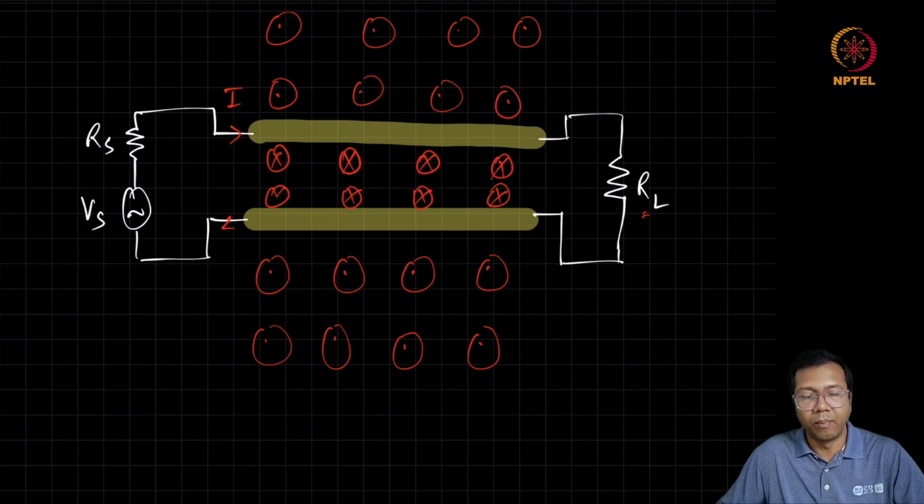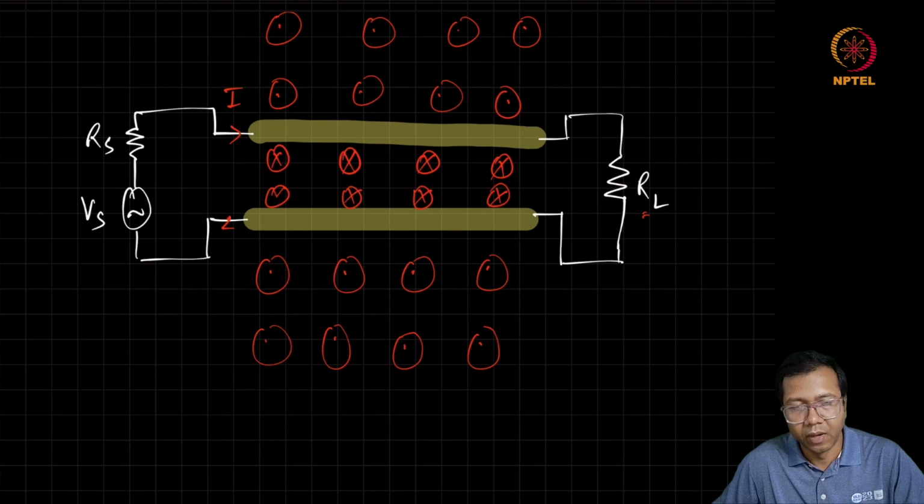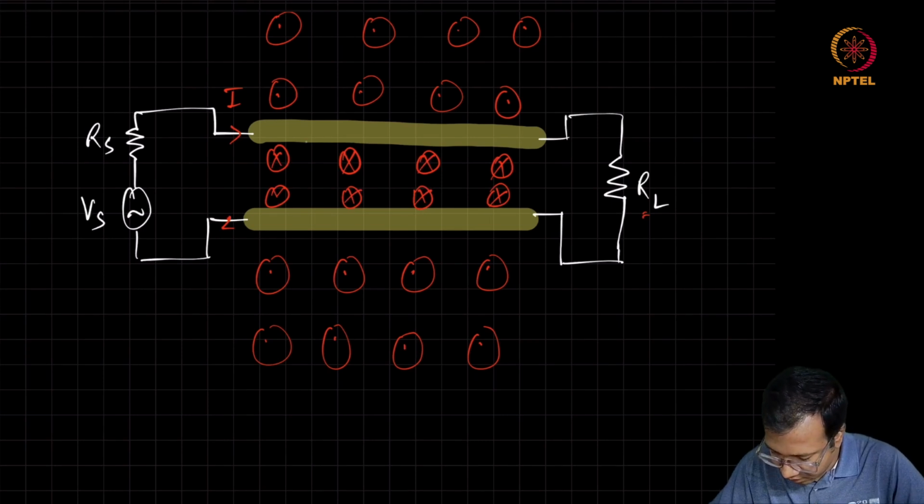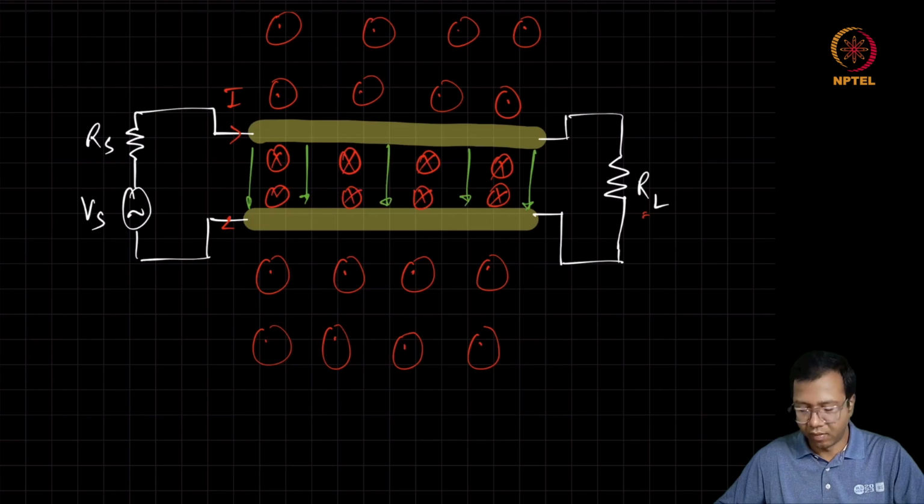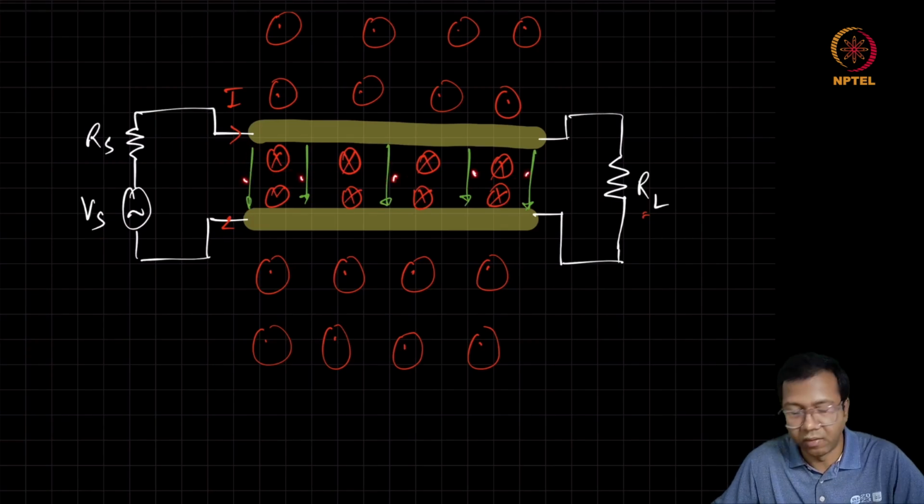Since there will also be a potential difference between the two wires, we can expect an electric field also between the two lines. Here I am taking a very simple example where I am just showing you that all the electric fields are nicely uniformly spread along the wire.